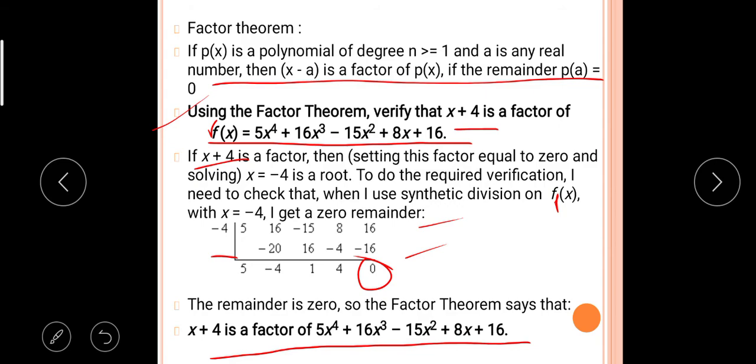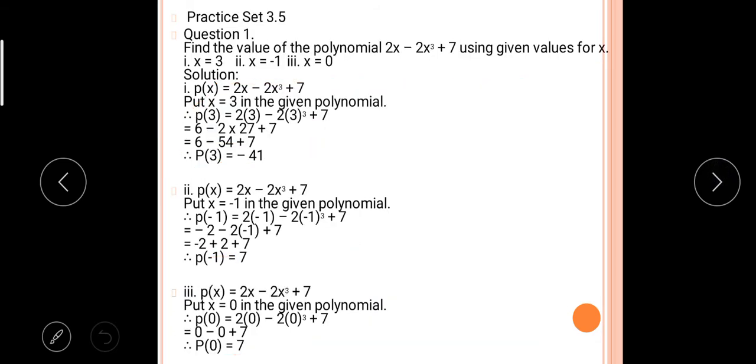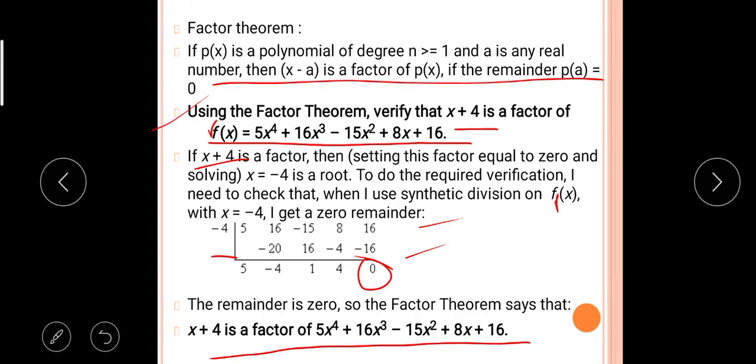So this is called the factor theorem. You can solve it in this way, or by the value of the given polynomial. If you get the value of the given polynomial as 0, the remainder, then also we can say that the given value is a factor of the polynomial.